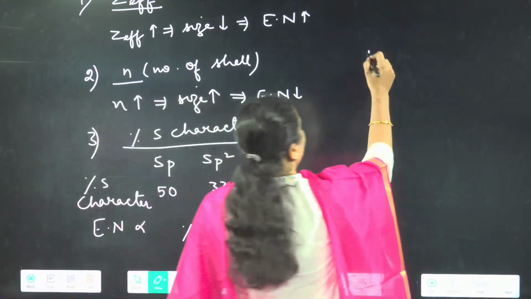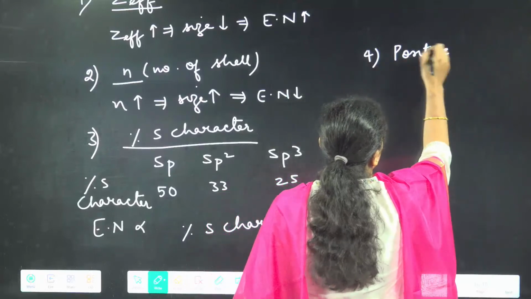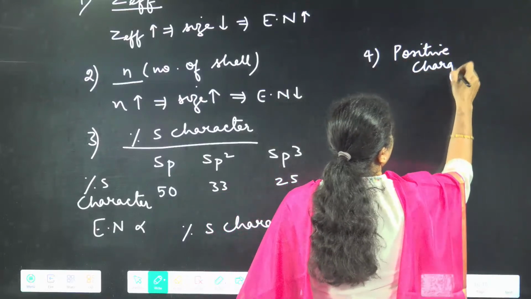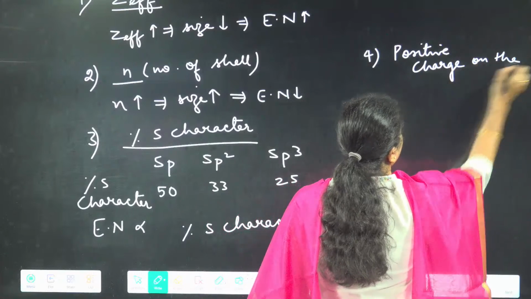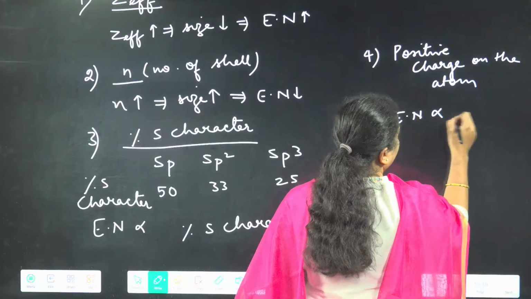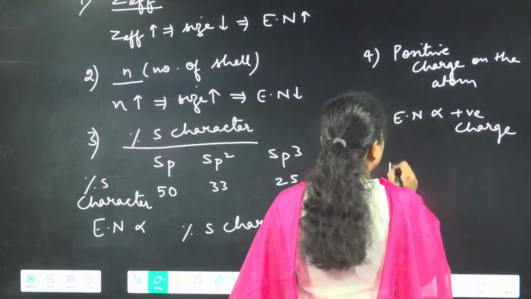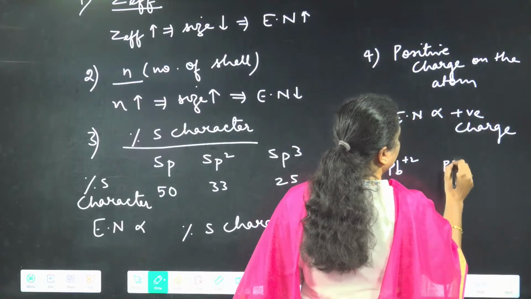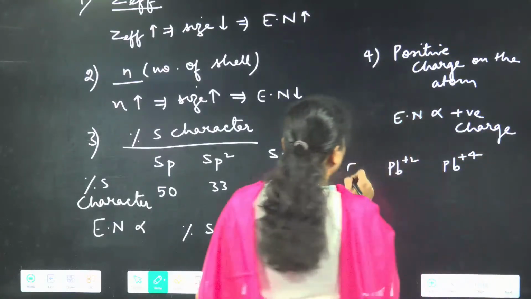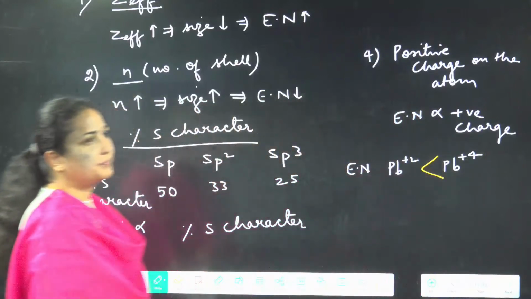There is one more small factor, positive charge on the atom. So electronegativity is going to be higher if the positive charge on the atom is higher. Suppose if I ask about Pb plus 2 and Pb plus 4, whose electronegativity is going to be more? Which is more positively charged, right?